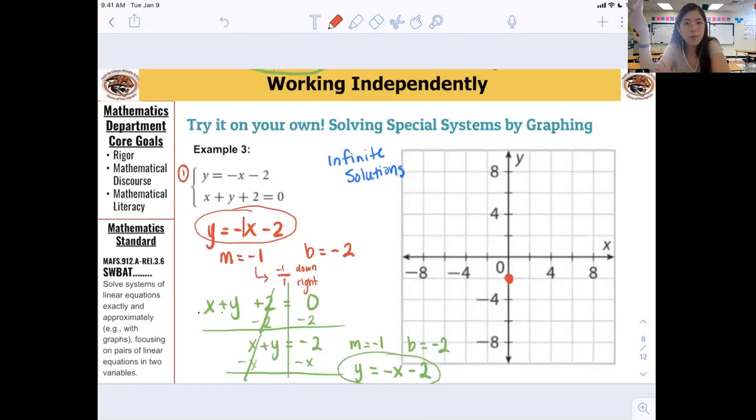So it's -1 on the top, which tells us to go down, but then it's +1 in the denominator. That still tells me to go to the right. So I go down 1, 1 to the right. Now I'm going by 2's, so I'm kind of floating in the middle right now, but I do it one more time, down 1, 1 to the right, and putting it all together, here's my line.